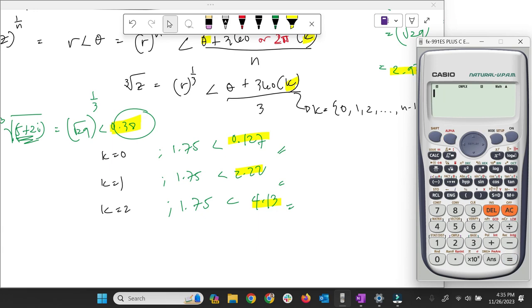Kapag pinag-multiply mo yung iyong complex conjugates or yung iyong angles, the answer should be approximately equal to 1. It can be less than 1, it can be greater than 1, basta close siya or approximately equal to 1. So, in this case, 1.21, medyo malapit siya kay 1. So, para malaman mo na tama yung iyong sagot. Okay, yun yung technique.